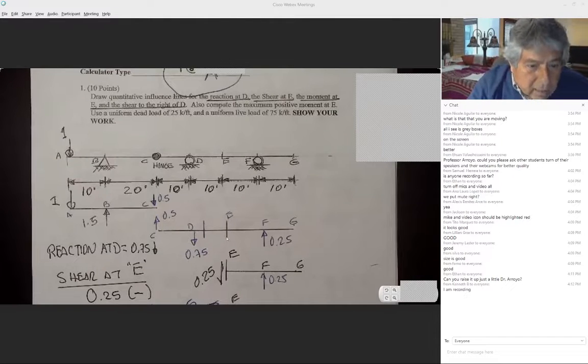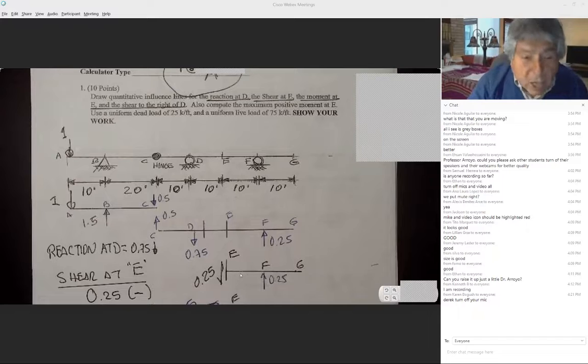So for the shear at E, I could take this free body or I could take this free body. Doesn't make any difference. So for the shear at E, that is the second question, I'm taking this free body in here. You can see below, I have put a free body. I have 0.25, 0.25, no other load. This is my section.